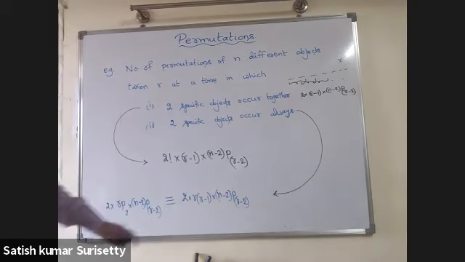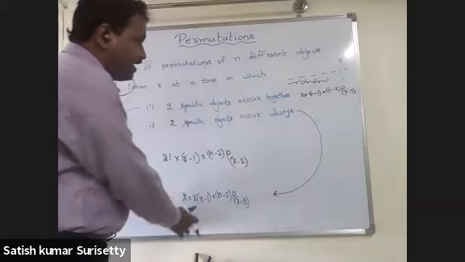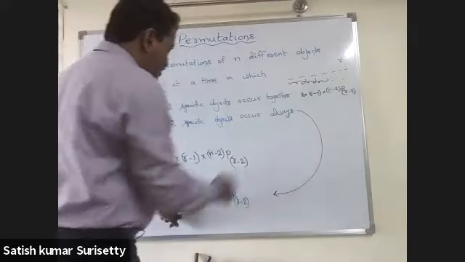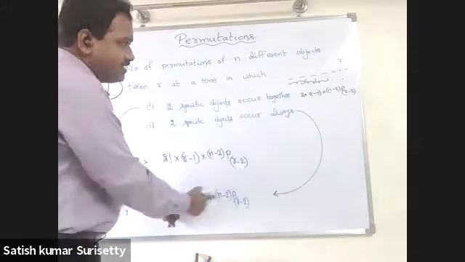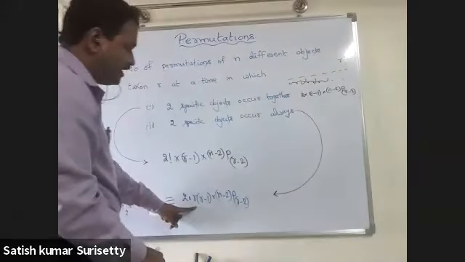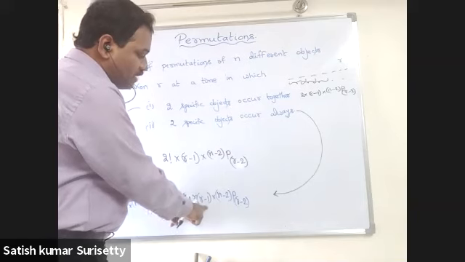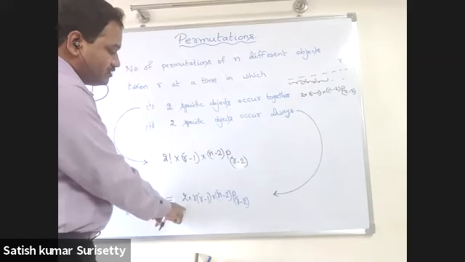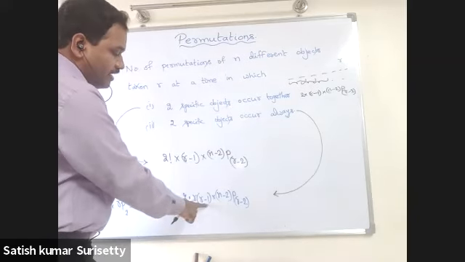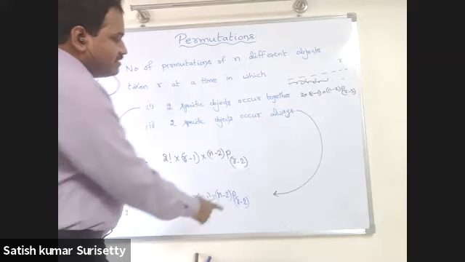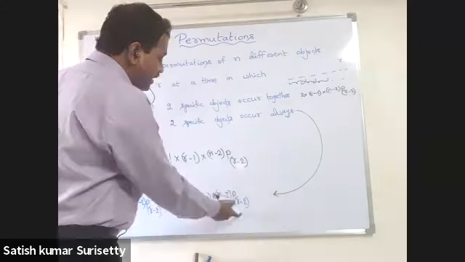The first object you can fill in out of r positions, the second object in r minus 1 positions. So together it will be r into r minus 1, and interchanging can be done, so 2 into r into r minus 1. For the remaining blanks, it will be n minus 2 P r minus 2.